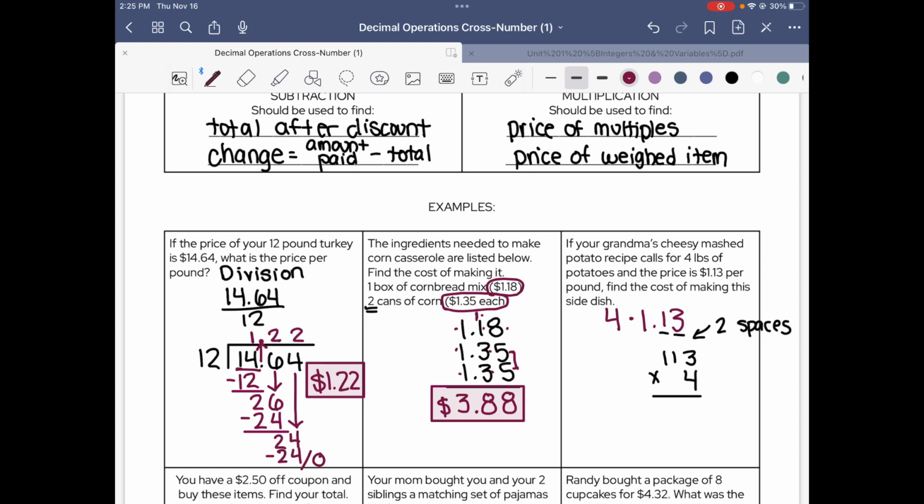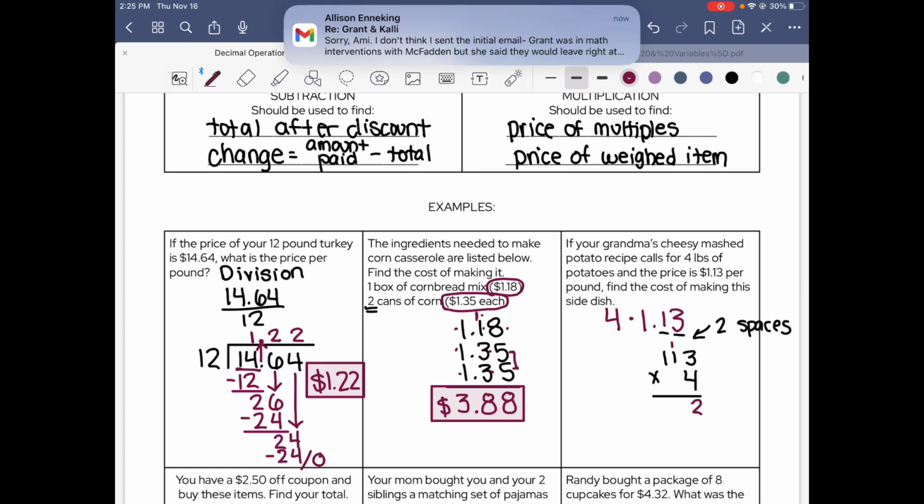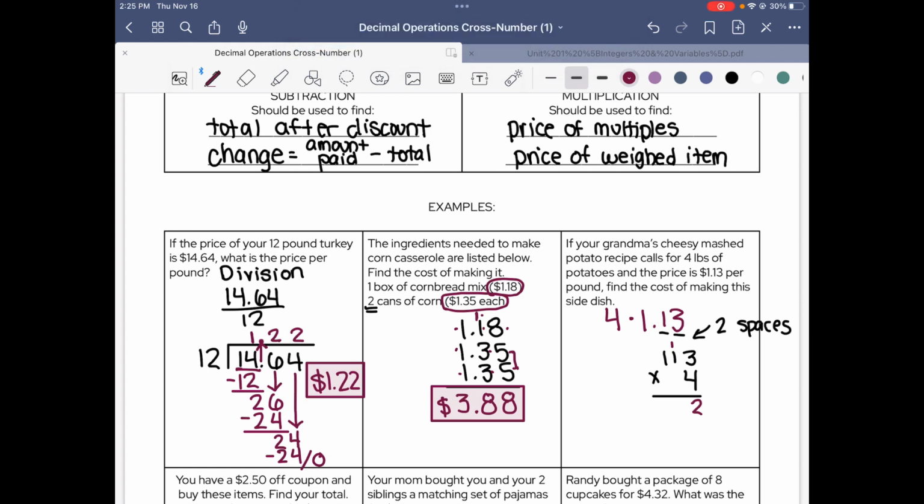So 4 times 3 is 12, but I can only write the 2. I carry the 1 over to the next step. Remember that you're still going to do 4 times 1 for the next step, and then you add the 1 you carried over afterwards. So 4 times 1 is 4, plus the 1 we carried over is 5. And then the last one would be 4 times 1, which is 4.